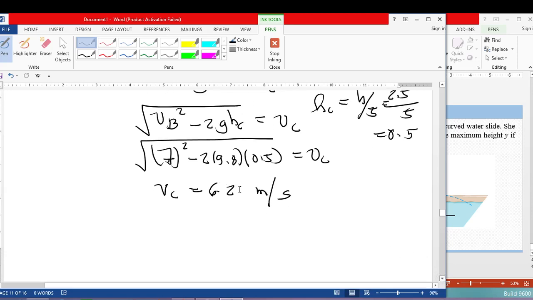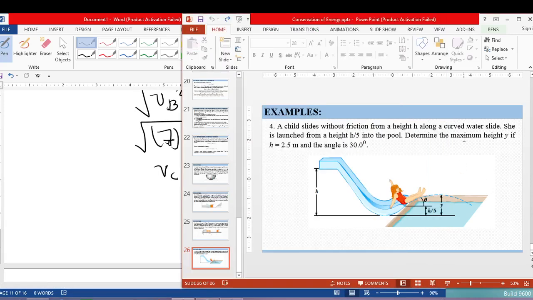Now we still have to find the maximum height. Here, our angle of inclination, the initial angle of the child before becoming a projectile, is 30 degrees.